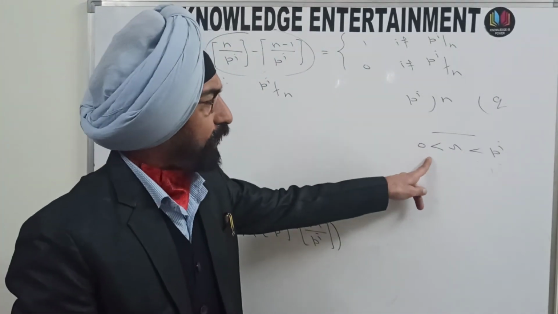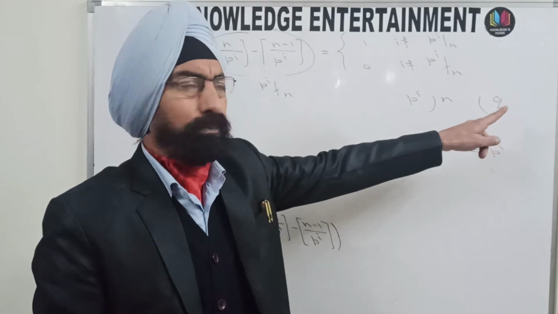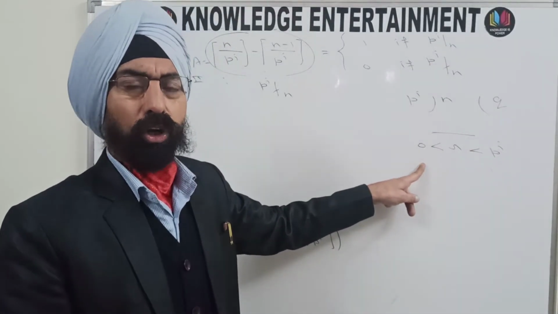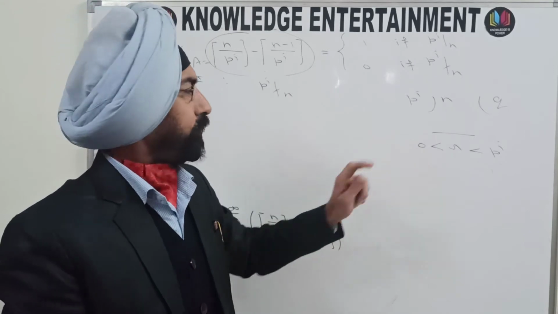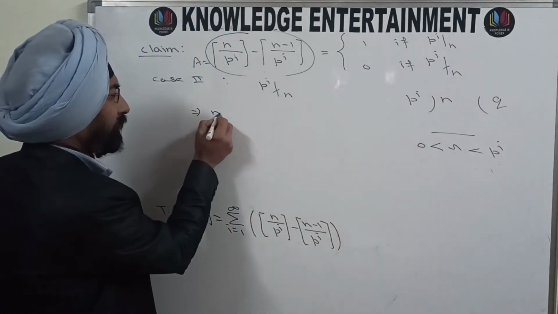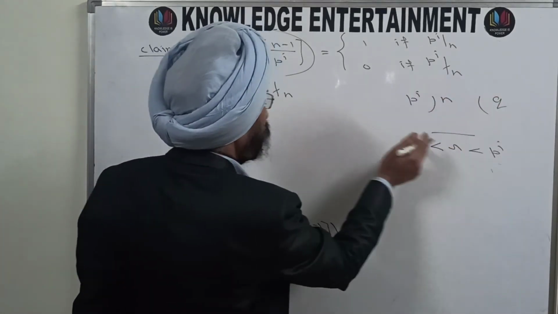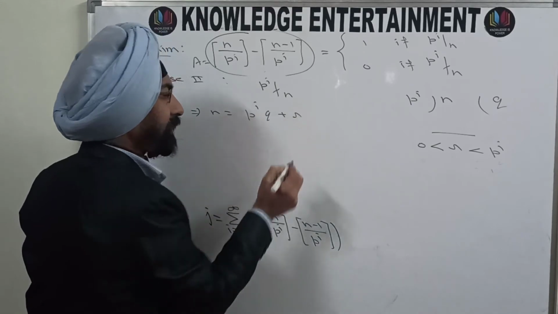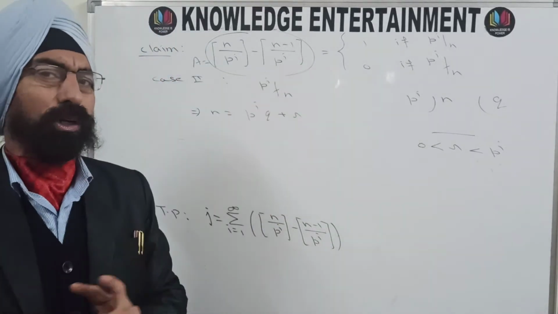Because if it is 0, the division is complete, but the division is not complete, so the remainder must be non-zero. And n will be equal to p^i q plus r, where r lies between 0 and p^i.